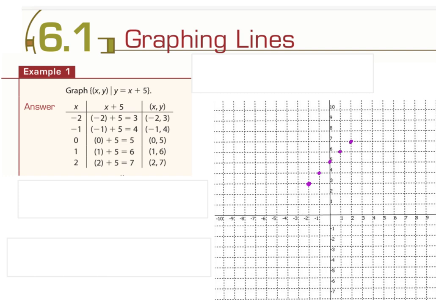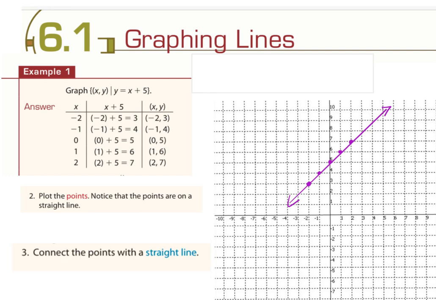If you pick any points, it doesn't matter what points you pick and plug it into that equation, you are going to get this line. All right? You plot the points and you notice that it is a line. Connect the points, and you'll notice that I also put dashes on the end of it. These are the steps that you are going to use to graph this particular one.